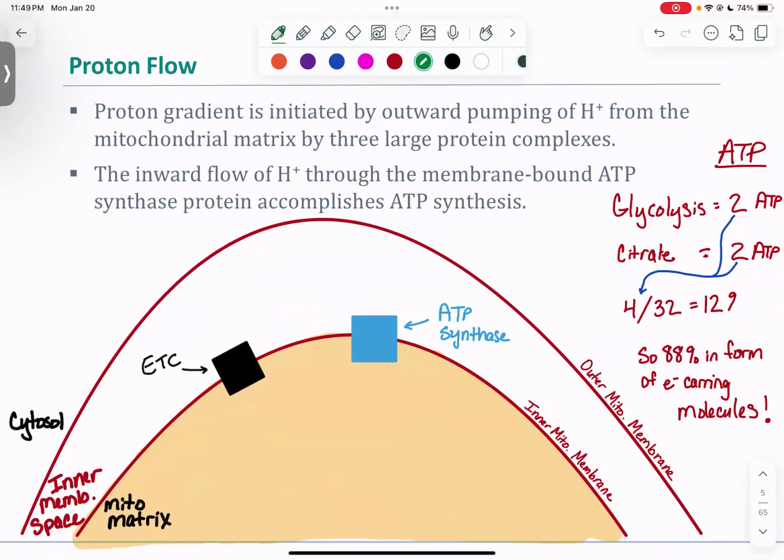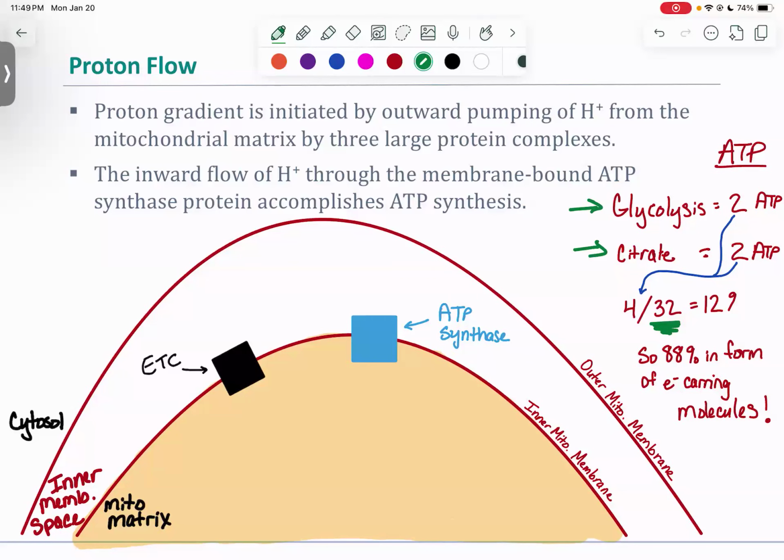So we kind of talked about this, but let's talk in detail. We know that glycolysis and citrate don't produce very much ATP, right? They each produce 2 ATP. From one molecule of glucose, I know that I can get 32 ATP. So far I've only generated 4.